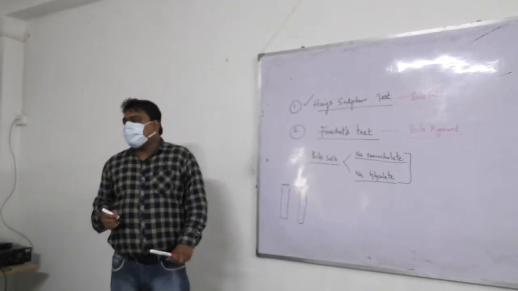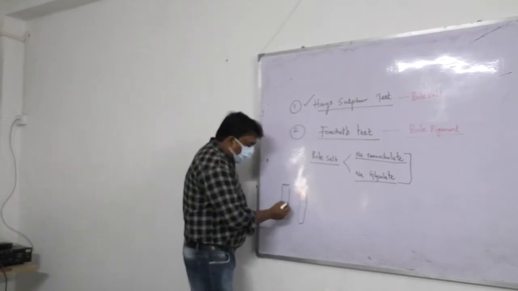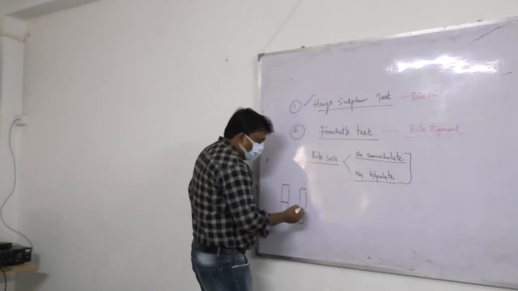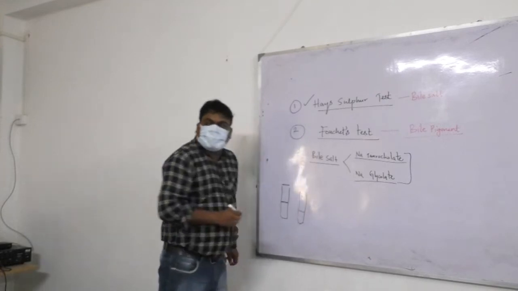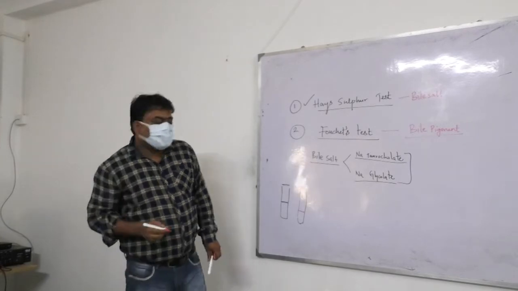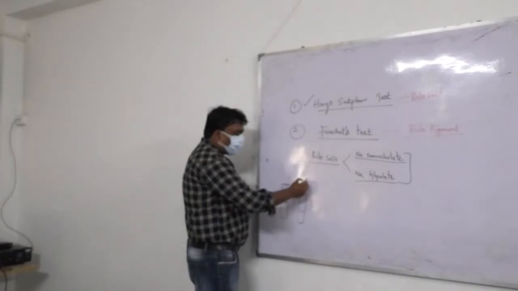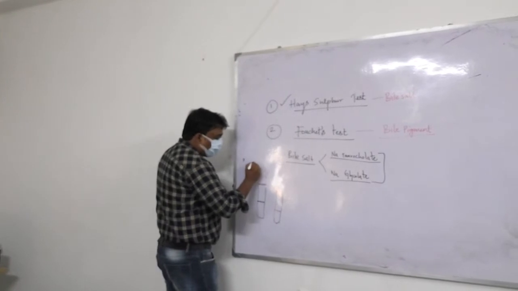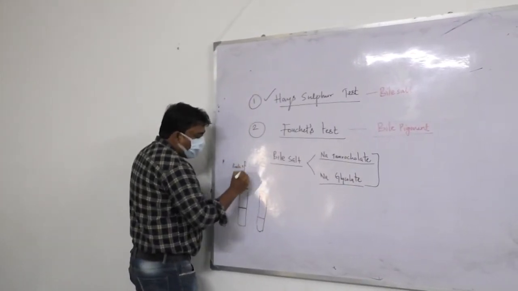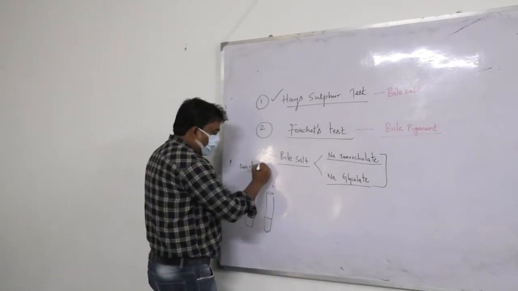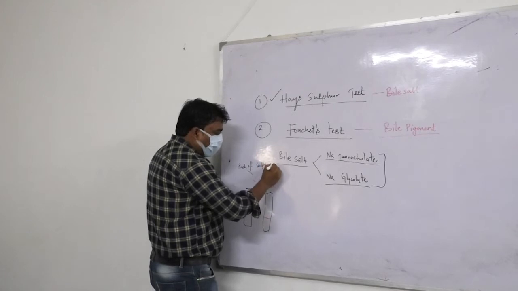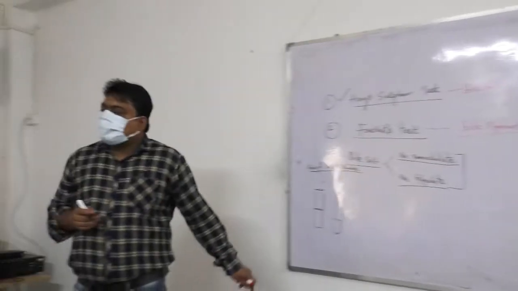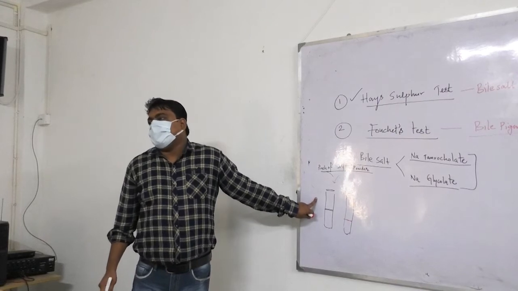We call them test tube A and B. We take the sample in test tube A and normal water in test tube B. Then we add a pinch of sulfur powder, and the same amount of sulfur powder is put in test tubes A and B simultaneously.